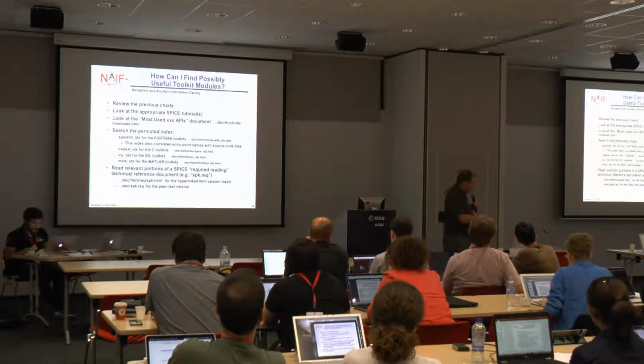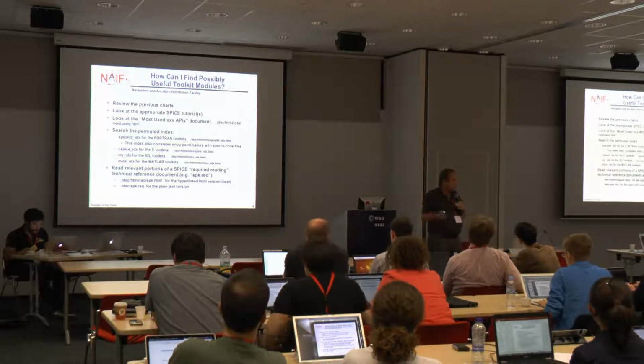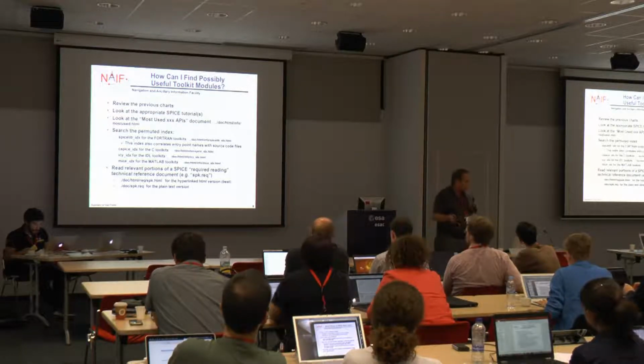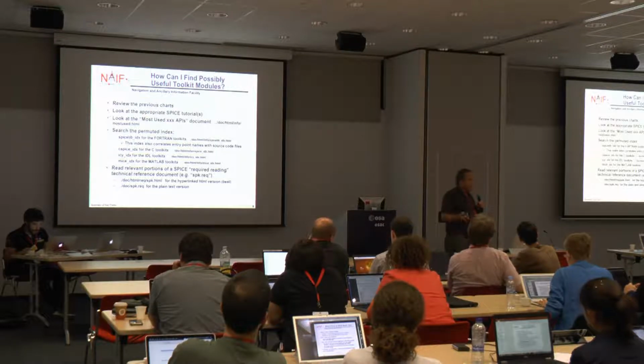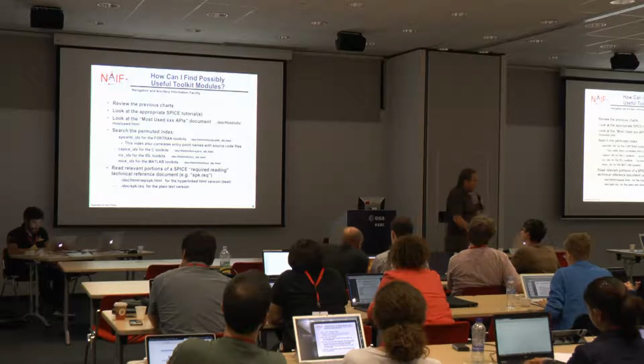Tutorials talk about quite a few of them, but this permuted index, which you maybe had a chance to look at, maybe not, you might find that useful. Some people like it, some people think it's not worth it at all. We decided to leave it there for those people who do like it. Try it out.